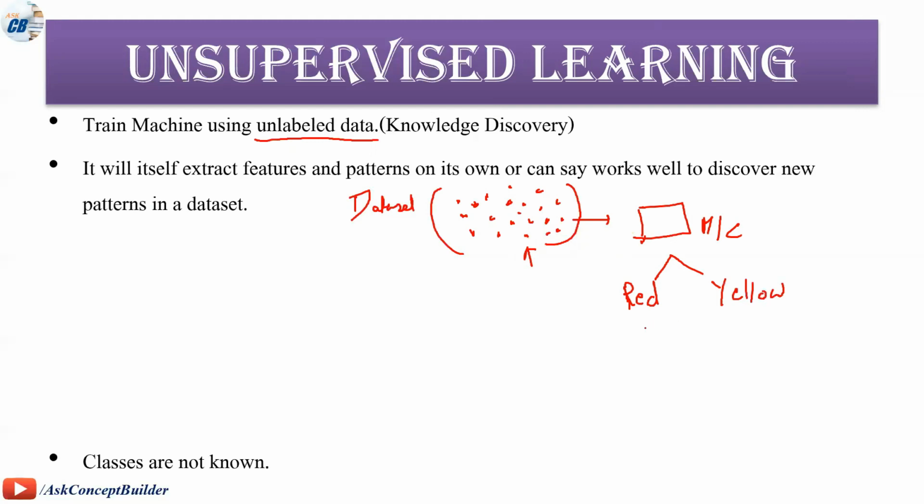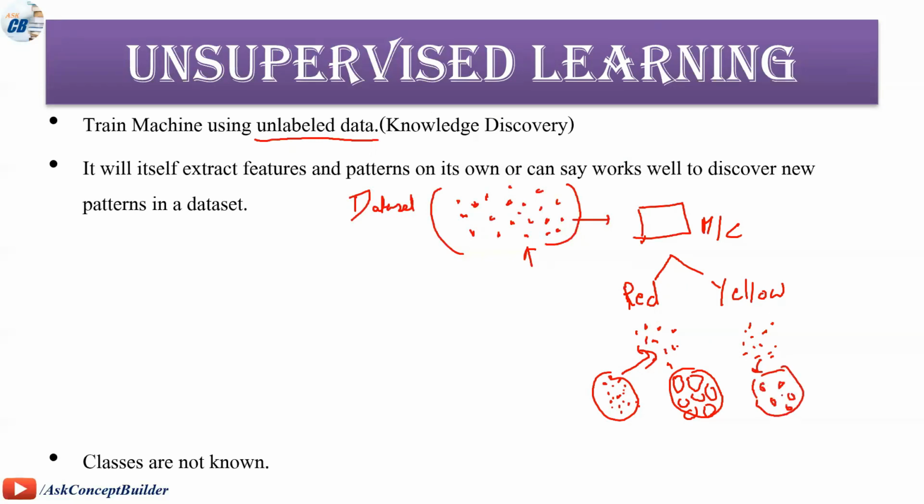So it will make two different clusters based on their color, one yellow and one red. Then it can observe another pattern: within red, it can see some fruits of smaller size and some fruits of larger size. Then from this cluster it can again form two clusters based on their size. The first clustering was based on red and yellow. Now when it looks at red, it can form two clusters, one smaller in size and one larger in size, and the third cluster is the yellow one.